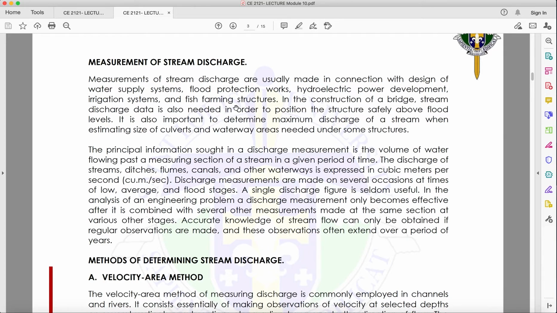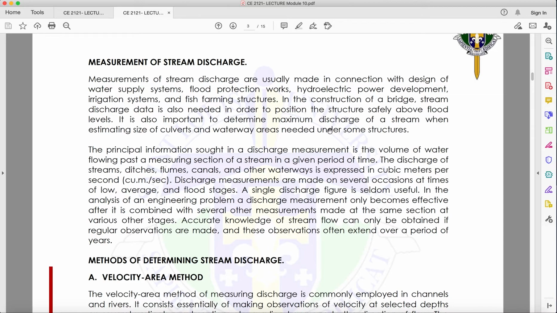It is also important to determine the maximum discharge of a stream when estimating the size of culverts and waterway areas needed under some structures. It is very important to determine the volume because we want to avoid flooding.